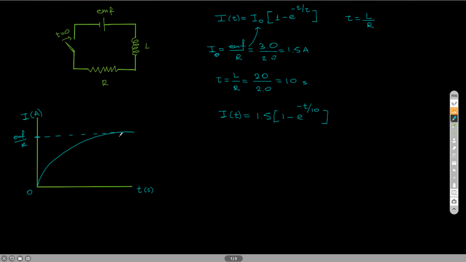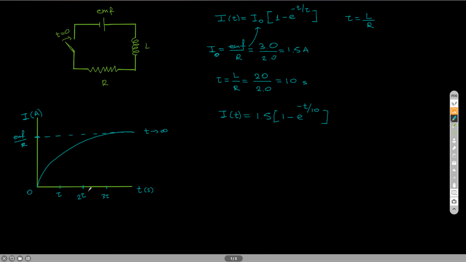Now, it's important to know that the current really becomes EMF over R when t goes to infinity. So in theory, you have to wait an infinitely long time for the current to become exactly EMF over R. However, if you wait, say if this is 1 time constant, 2 time constants, 3 time constants.